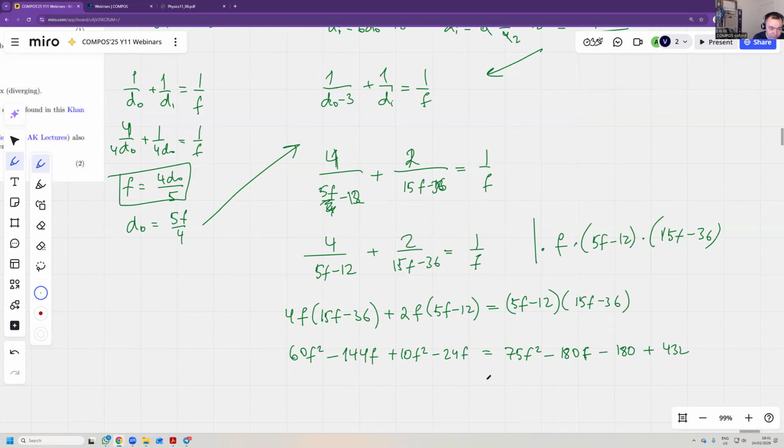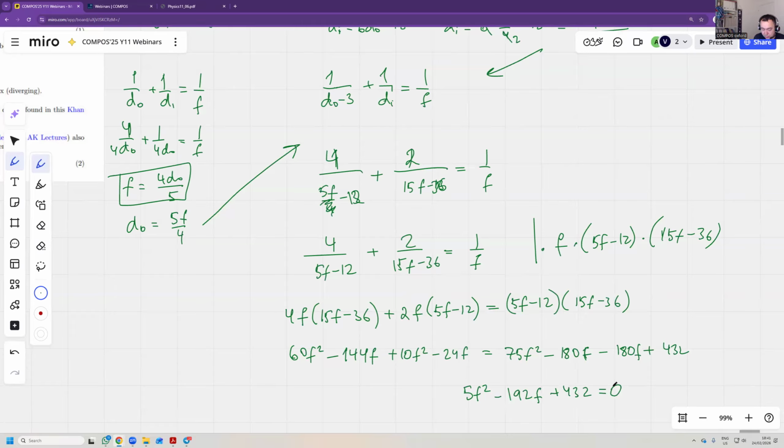So 75 minus 70, so 5f squared, minus 192f, plus 432 equals 0.